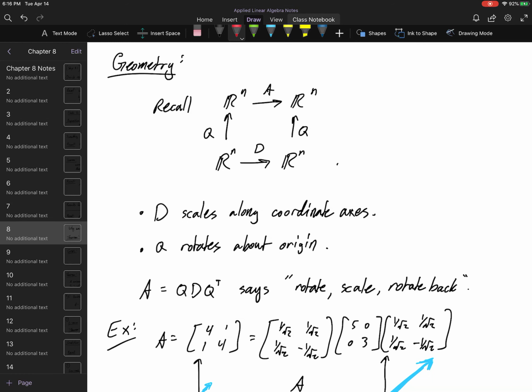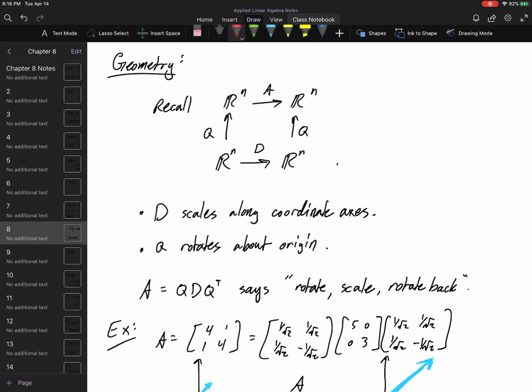But I can always go ahead and scale down my eigenvectors by their lengths in order to create the orthonormal columns here. And to remind you why that commutative square is important, it's telling us a little bit about geometry. So remember how we characterized orthogonal matrices back in chapter 4. We have a similar characterization for what diagonal matrices do.